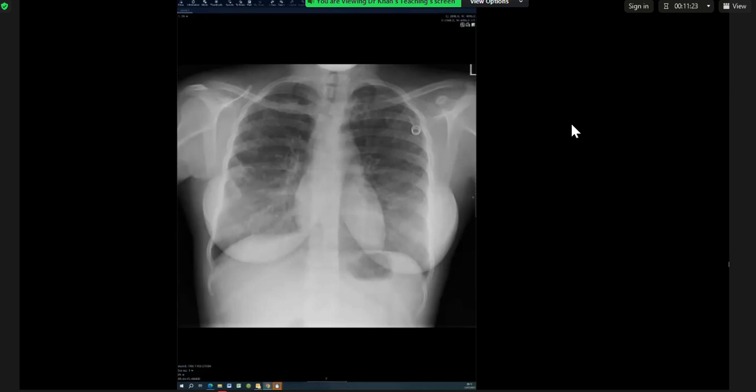In the presence of the portacath, I'm thinking about patients that need long-term administration of IV medication.